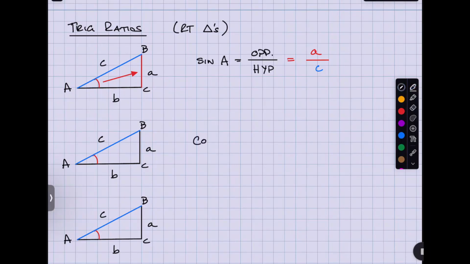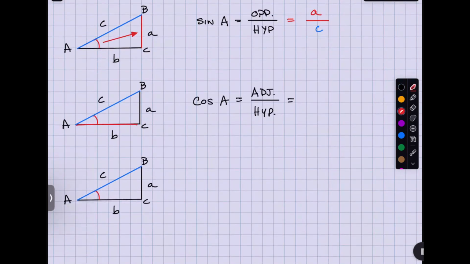The cosine of A is going to be equal to adjacent over hypotenuse. Adjacent is the side that's attached to it that's not the hypotenuse. So in this case it would be B over C. And then the last one is called tangent.